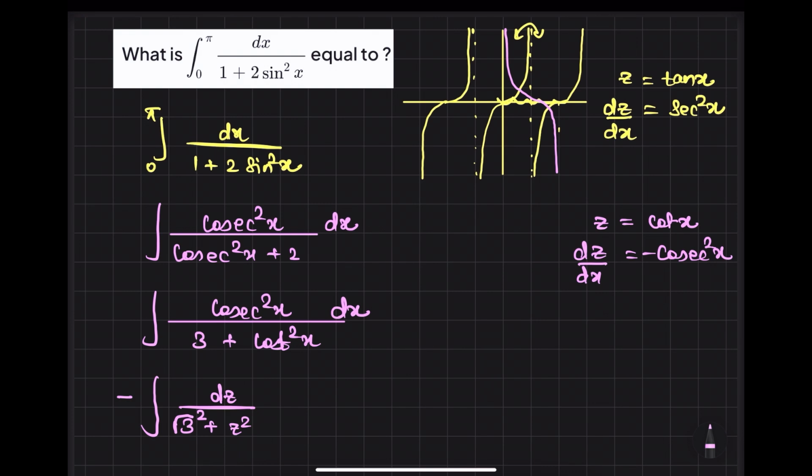Okay, now be super slow. You know that if you assume anything as z in a definite integration, the limit gets changed. So suppose that the lower limit is 0. So what is cot 0? At x equals 0, cot becomes plus infinity. Right? So this limit will become plus infinity.